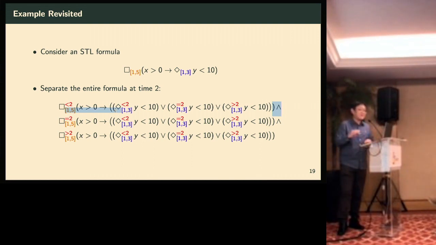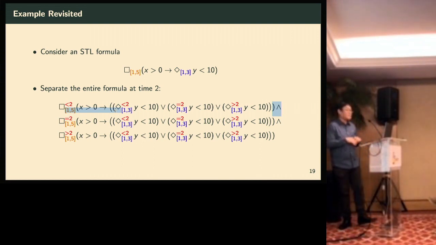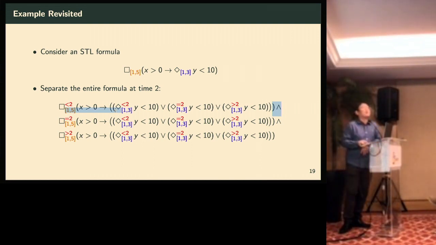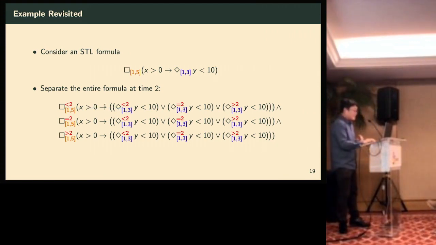Therefore, as usual for typical LTL separation, it's easy to show that the size is polynomial with subformula sharing. Because the size is 1, 2, 3, 4, 5, 6, 7, 8, 9. That's all, because all subformulas are shared.